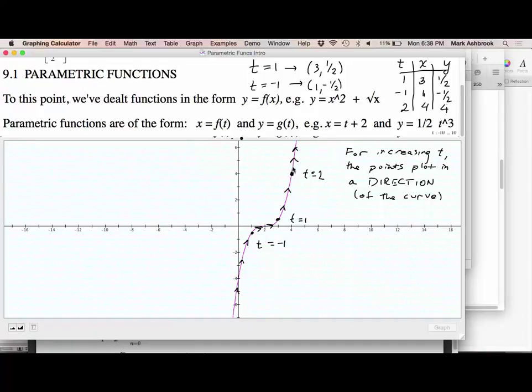Okay, t is called the parameter, which is why it's a parametric function. So there's this parameter that's hiding in the background. As that changes, x and y are functions of that parameter. For a given t, you get a point, and then as t changes, you get a set of points. And that set of points creates a graph in the xy plane.